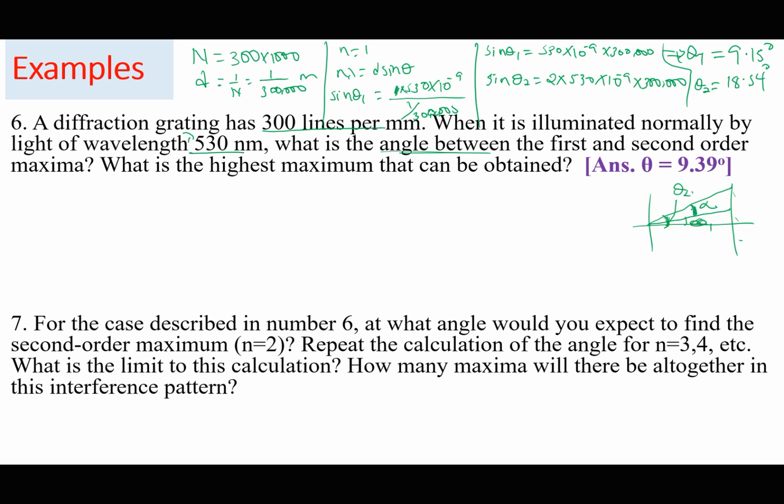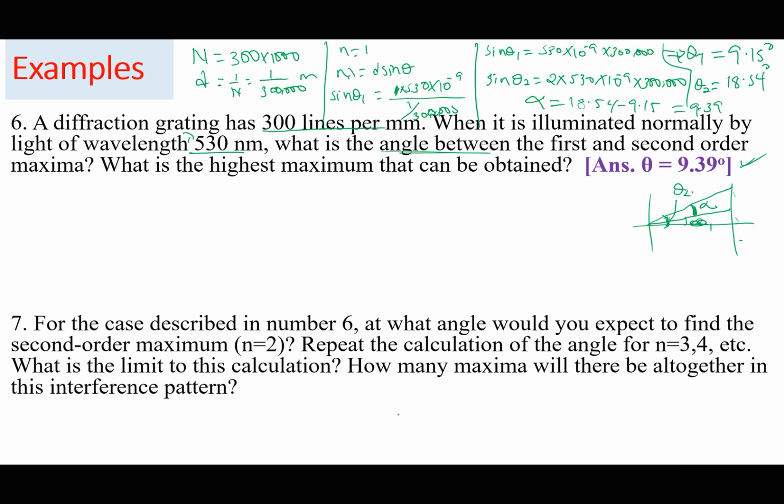Then the angle between the two is alpha. So the angle I'm looking for is going to be equal to 18.54 minus 9.15, which is 9.39. So I think that is correct.